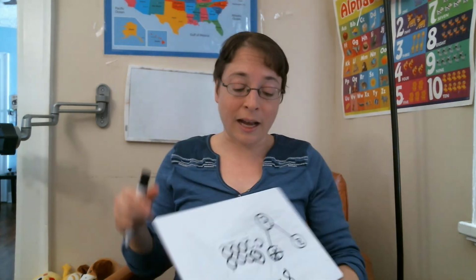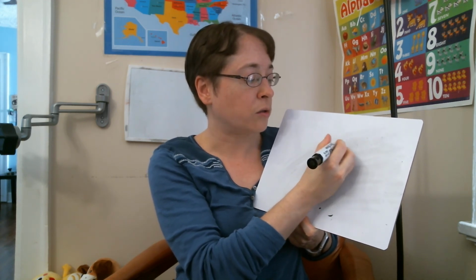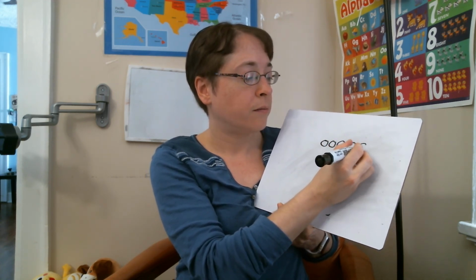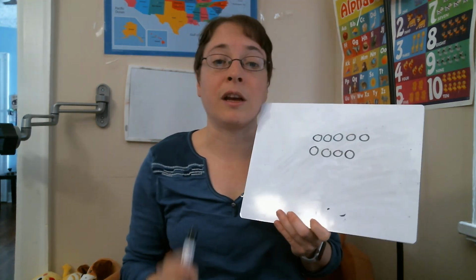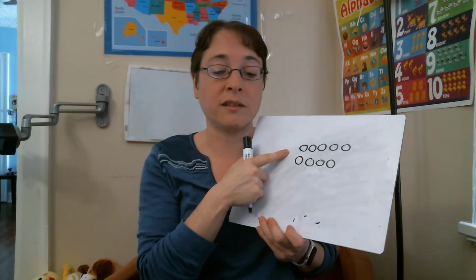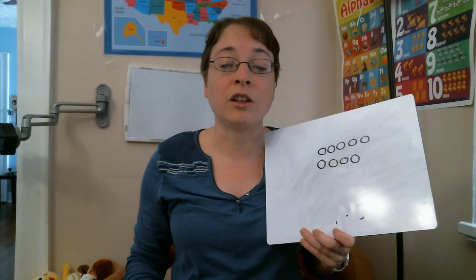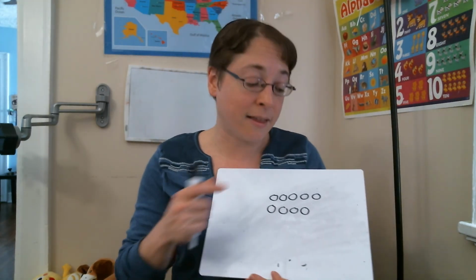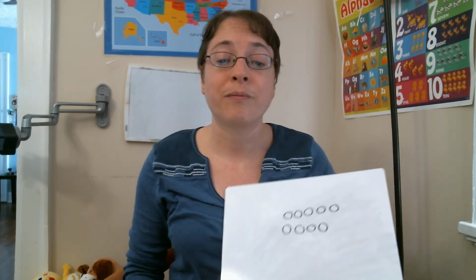But I do have a practice set for you. I have 2 problems. So I want you to draw 9 circles on paper, and you can draw them 2 times. So this is one time, this is another time. And I'm going to tell you a story, okay? And then you're going to make the number bonds and the number sentences.